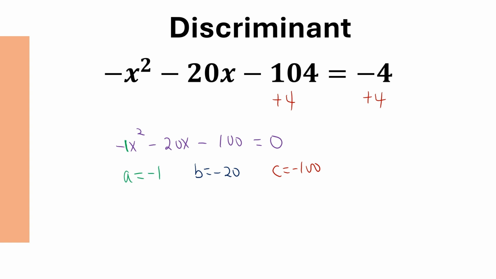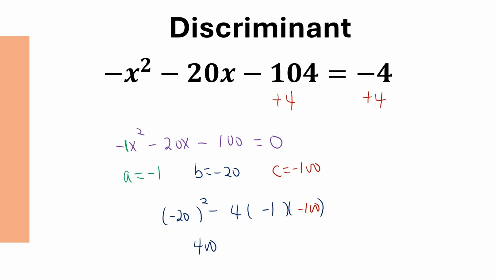So now I'm going to plug into the discriminant formula, which is b squared minus 4 times a times c, where b is negative 20, a is negative 1, and c is negative 100. Now I'm going to simplify this. Negative 20 squared is 400.